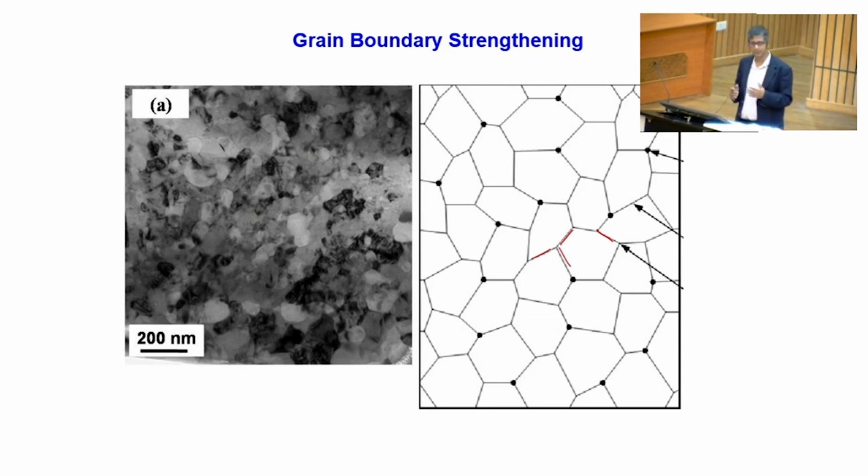You will be surprised to note, if I have copper with a grain size of 10 micron and a grain size of 15 nanometers, the yield strength of that copper will be almost 4 times. Okay, that's what it is. So grain boundaries can act as an obstacle to dislocation motion, and thus provide the strengthening effect to the material. That's something which you need to understand very well.